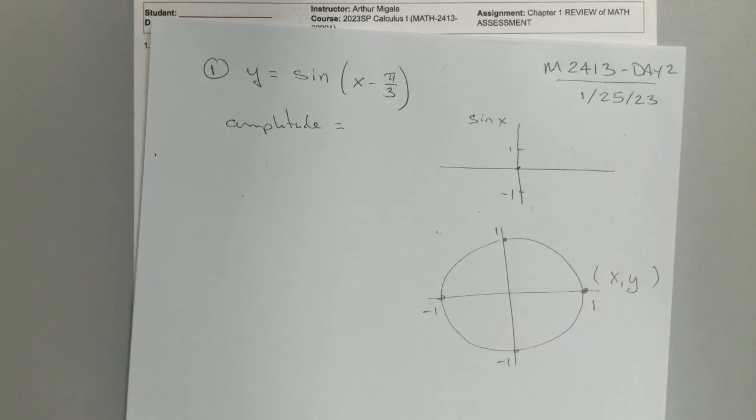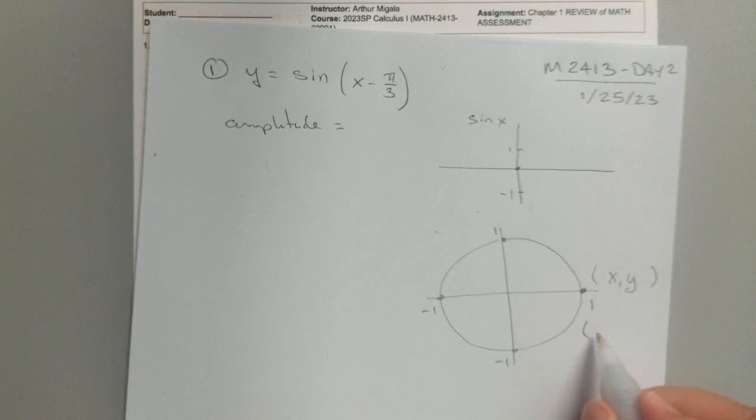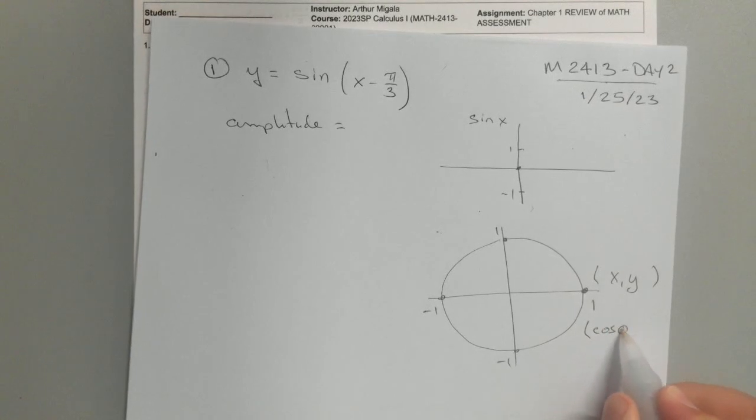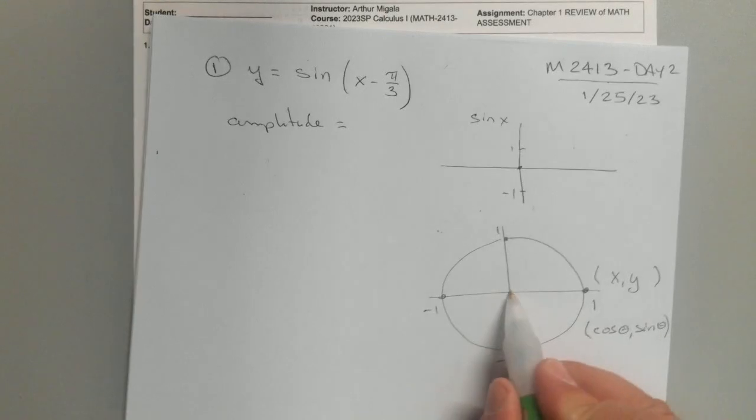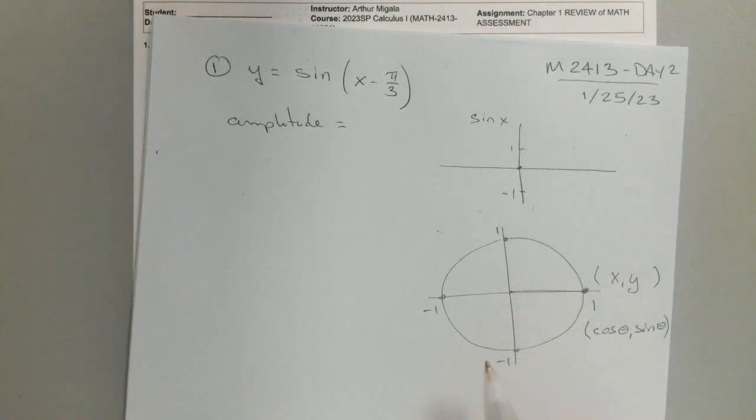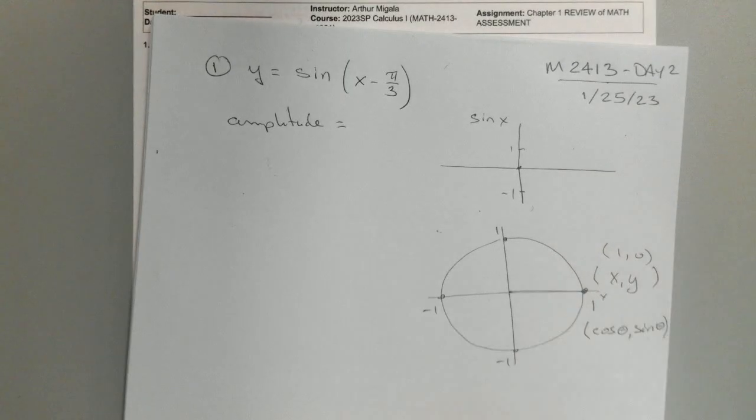The x components are the cosine components, and the y values are the sine components. So when x is 0, sine of 0 is 0, because this point here is 1, 0.